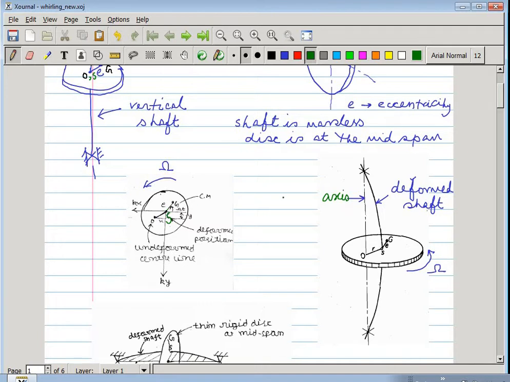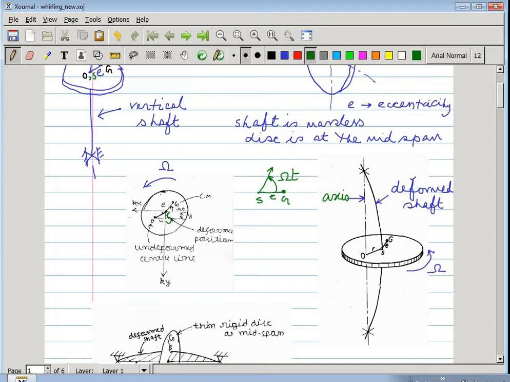not coincident. We assume that at time t equal to 0, SG was like this, and this is e. At time t, the rotational speed of the disc being capital omega, this goes through omega t.